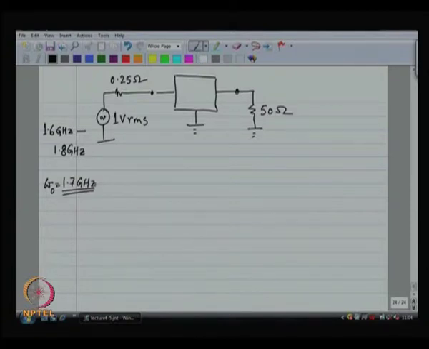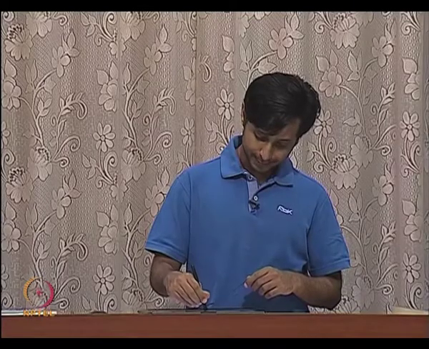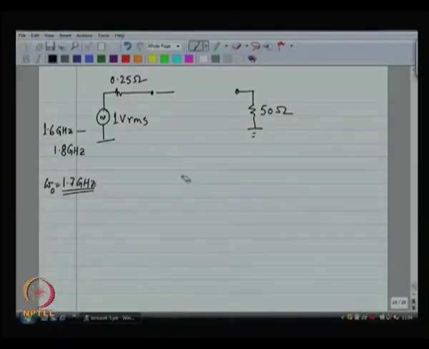then I plan to make a matching network. I have got a large load resistance, a small source resistance. I need to transform the large resistance into a small resistance. So, I need to put something in parallel with it.